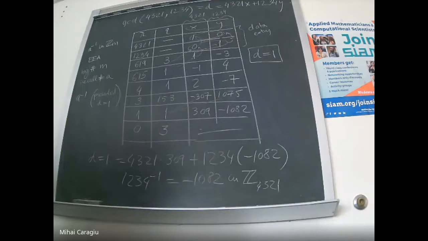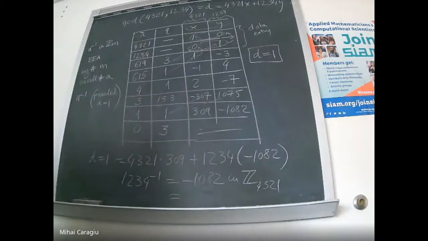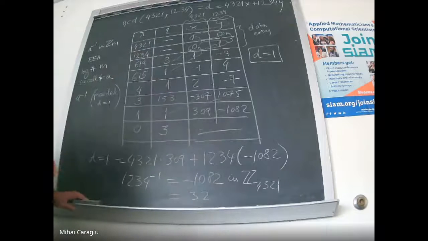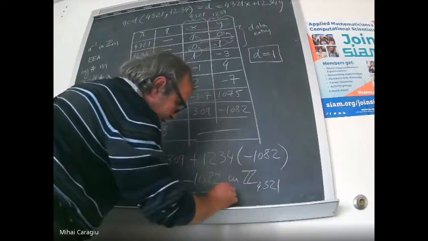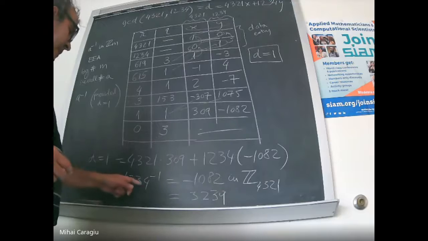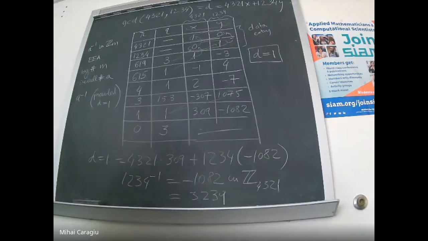So this equals minus 1,082 plus 4,321, which is 3,239. So this will be the standard inverse of 1,234 modulo 4,321. This is one of the two most important algorithms in modern cryptography, the extended Euclidean algorithm.